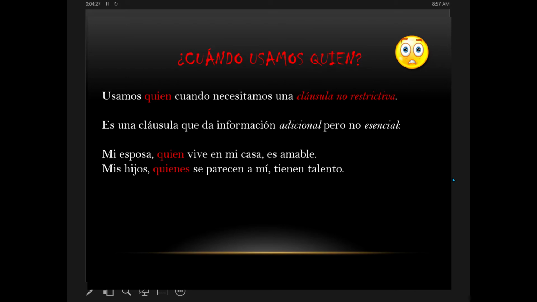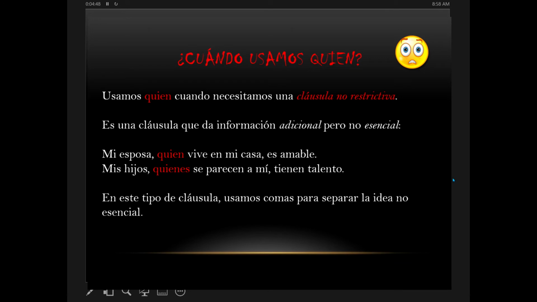Mis hijos, quienes se parecen a mí, tienen talento. So that clause refers to hijos, and it's plural, so we switch to quienes, and we do not need to say that the kids look like me in the sentence, so it's non-essential, and thus we use commas and a form of quien. Okay, the commas are absolutely necessary for this situation.